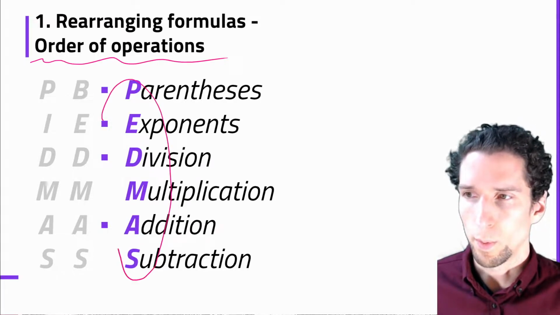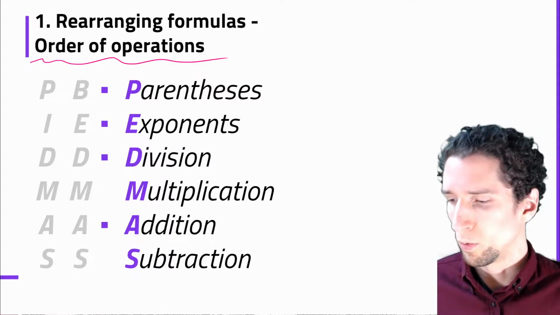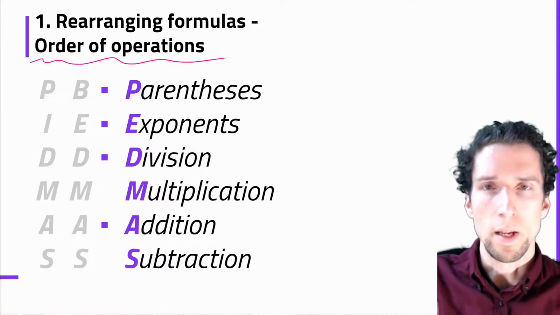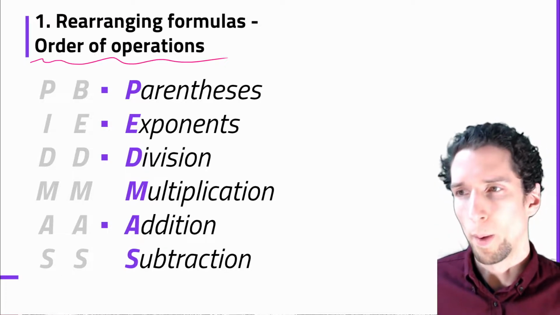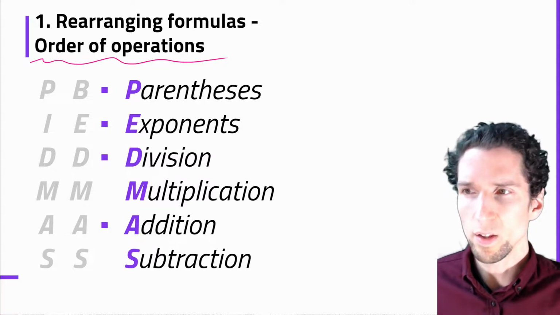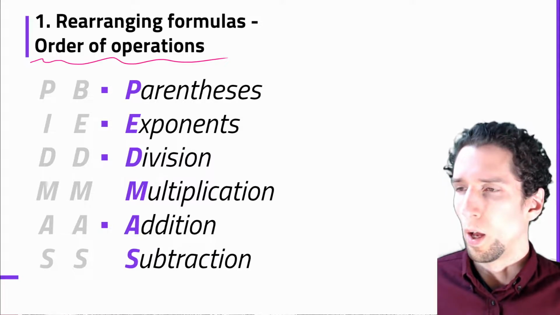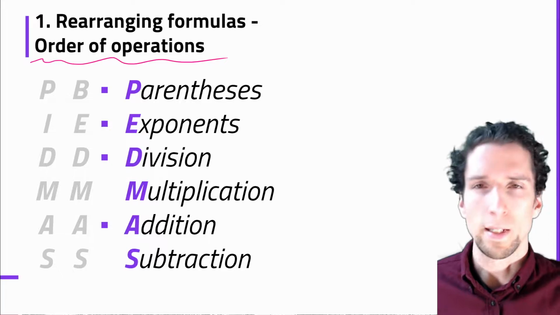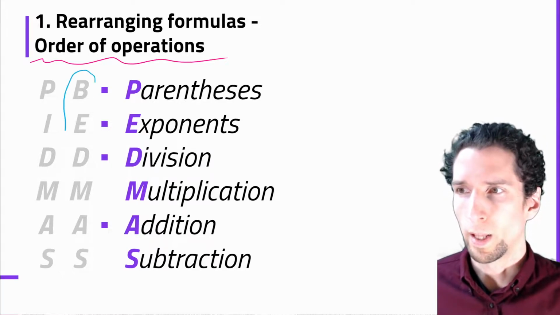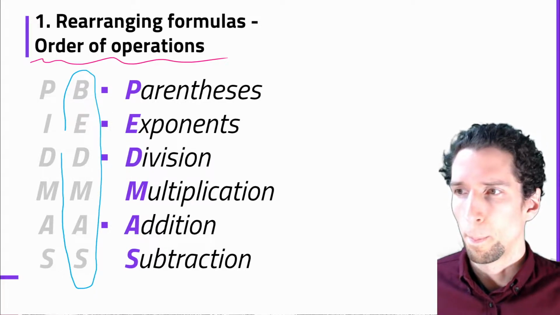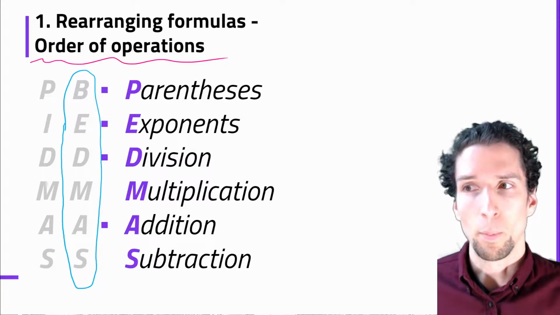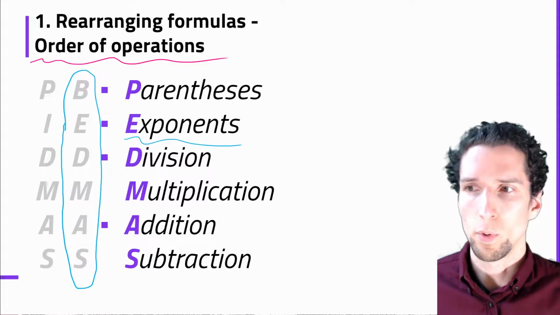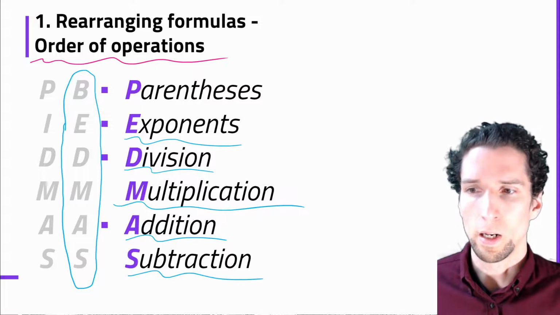I'm sure in each of your languages and countries, you have your own way of remembering this. This is the way it's talked about in English. When I was a child growing up, I learned BEDMAS, for brackets, and then exponents, division, multiplication, addition, and subtraction.